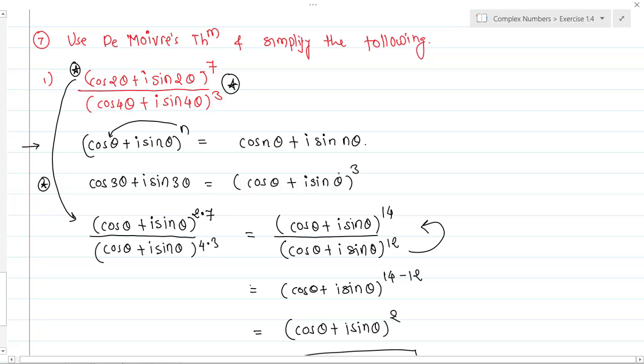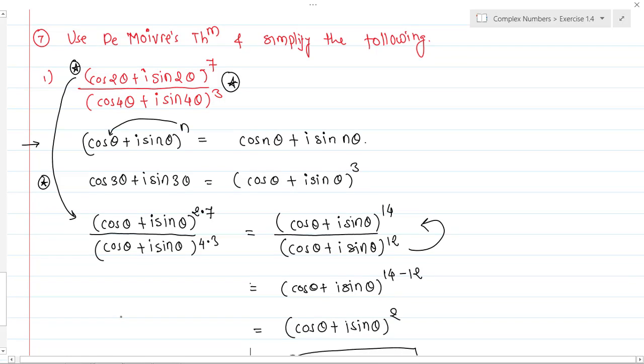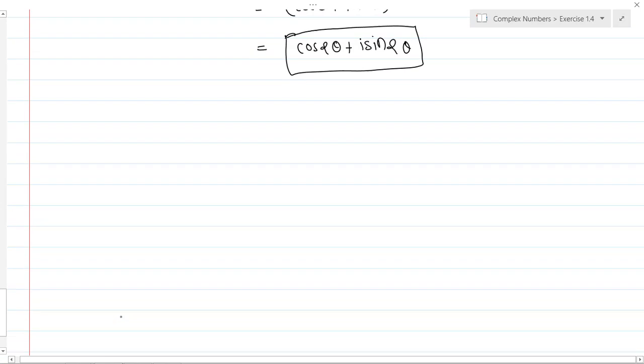Okay, let me solve one more question, question number 3rd, and we will stop here. Do you do these 2 questions? They are still left, will you do them? It's very simple.